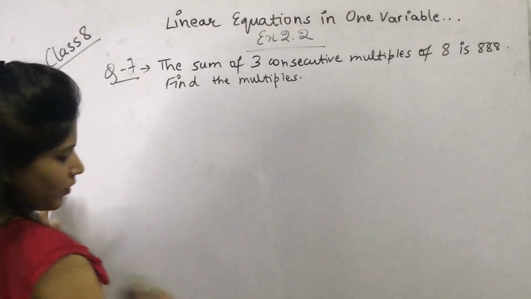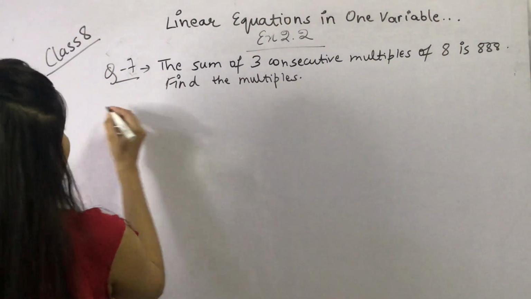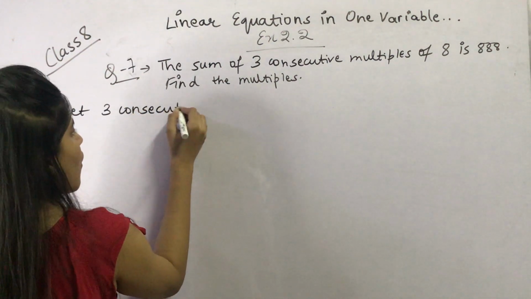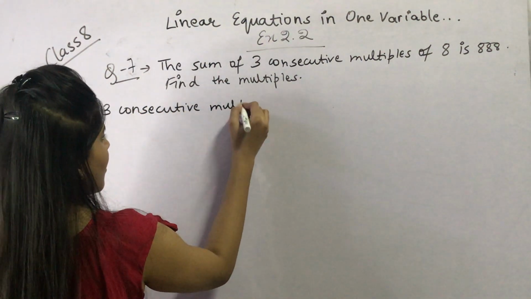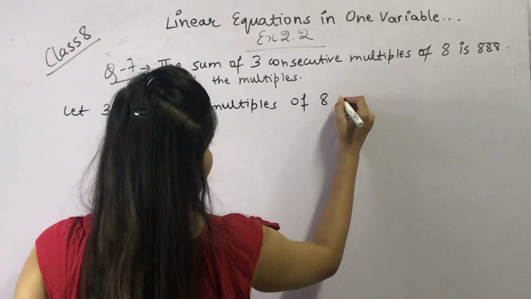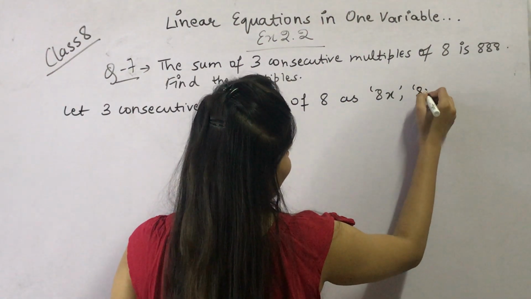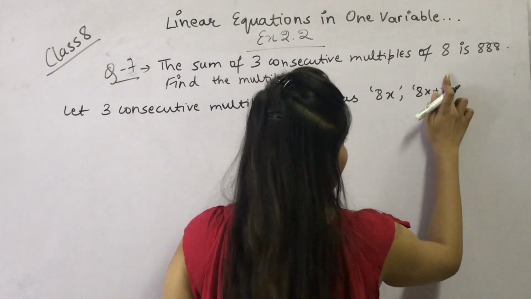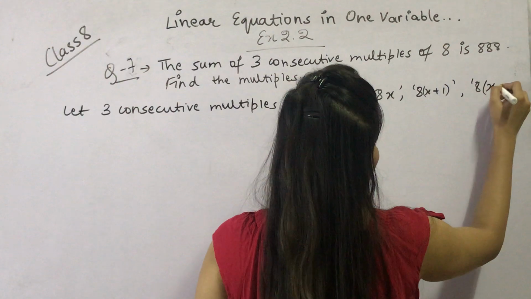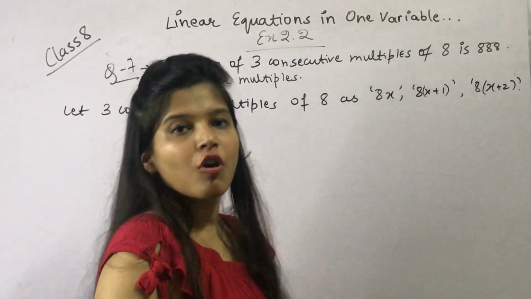Now let 3 consecutive multiples of 8 be 8x, 8(x+1) and 8(x+2). Alright, so these are the 3 consecutive multiples of 8.